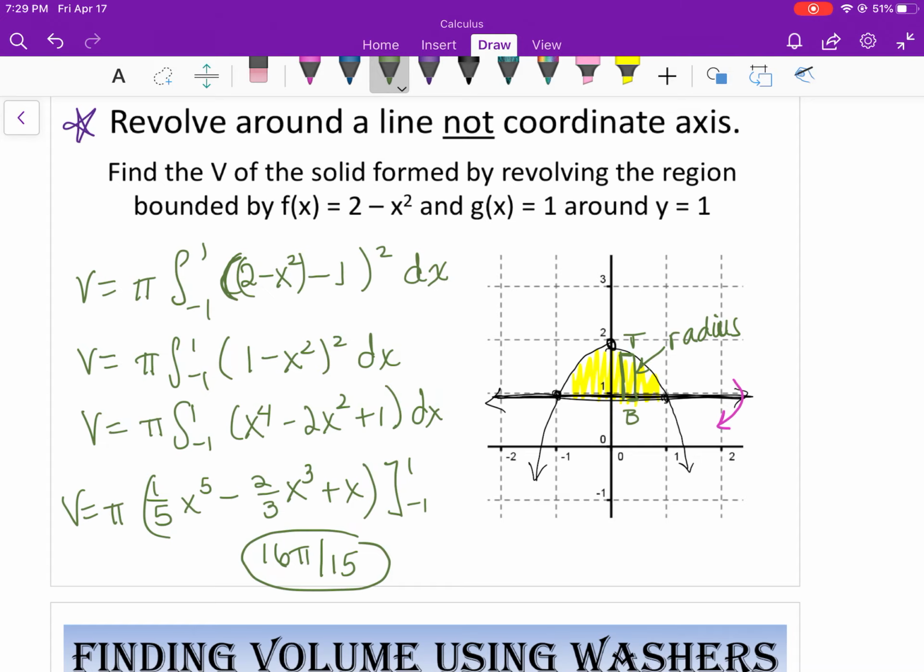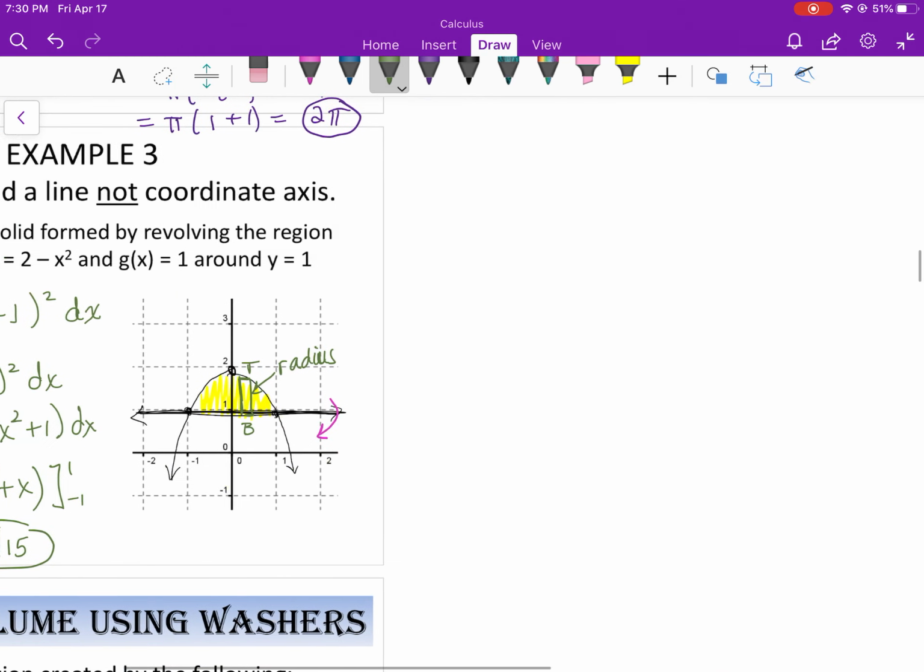Okay, I'm going to show you one more problem like this. It's number 22 out of your textbook.